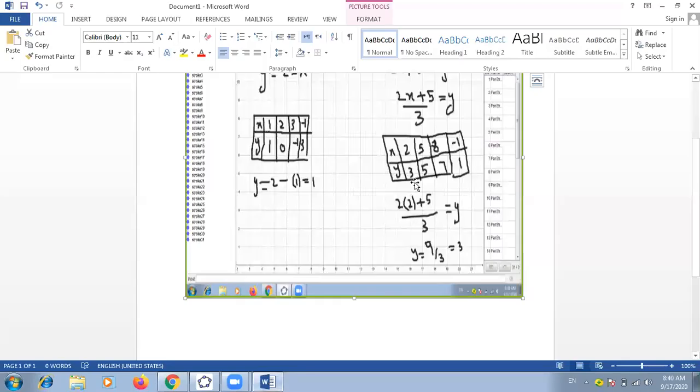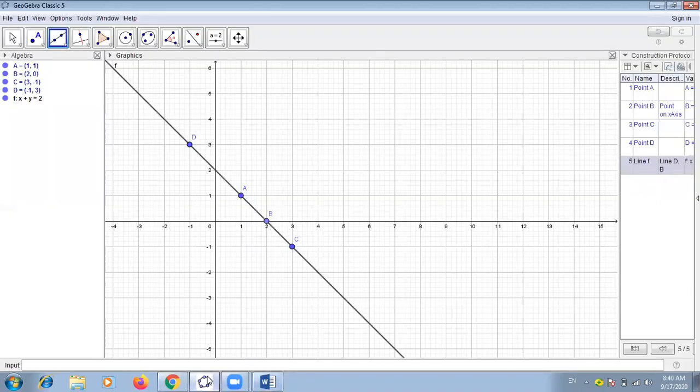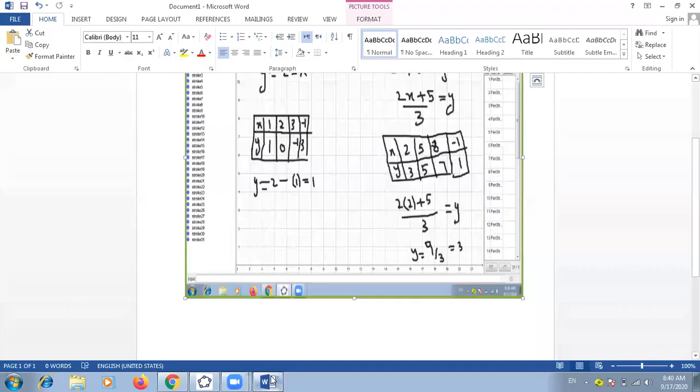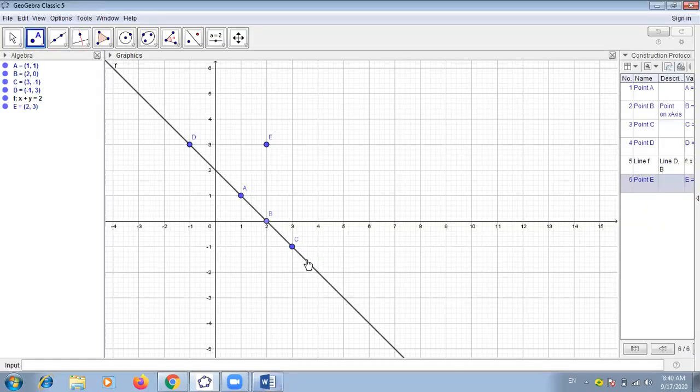You have to do the same with the second equation. Now I plot x2, y3 on the same graph. Then x5, y5.